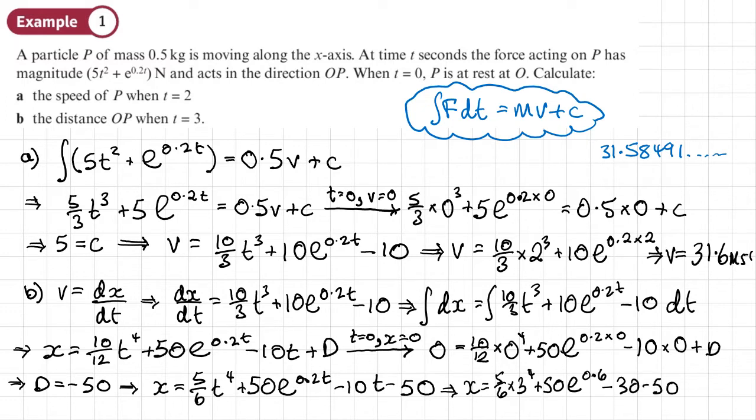So putting that all on a calculator, I get something like 78.60594. Again, 3 significant figures. So x will be 78.6 meters. So let's just highlight those answers. Part A, v was 31.6 meters per second. Part B, x was 78.6 meters.